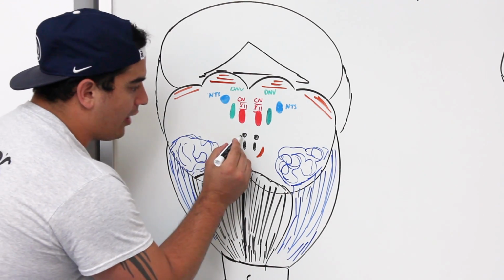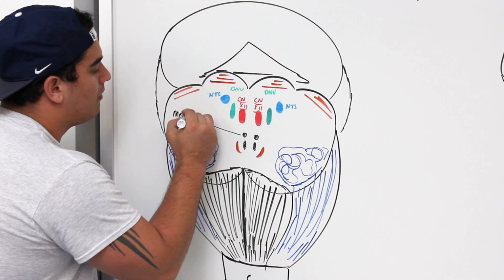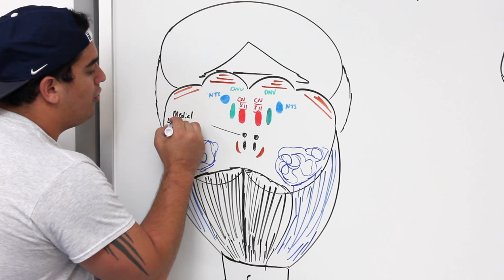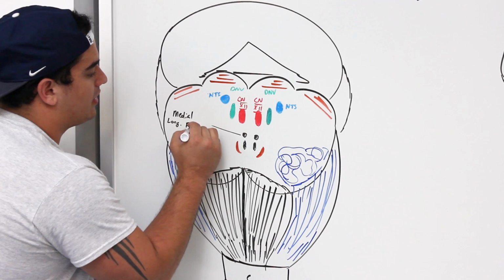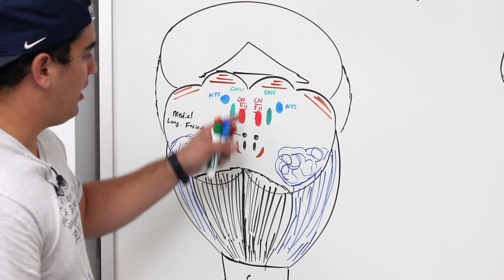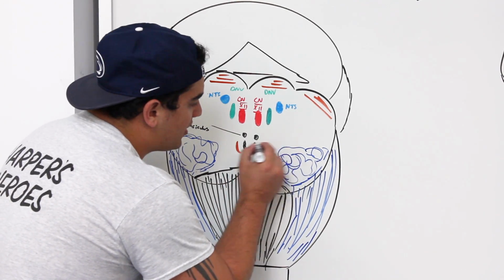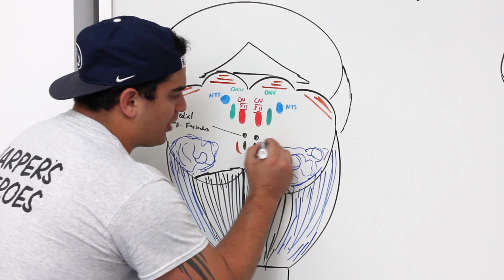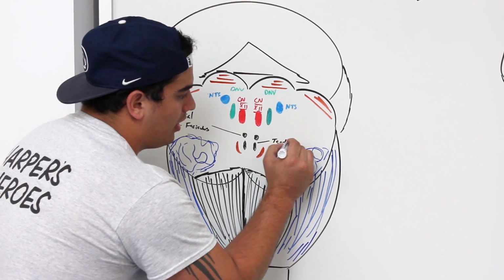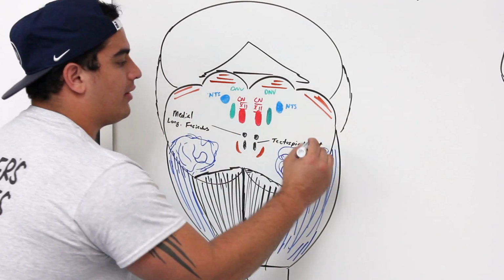But that little structure right there is called the medial longitudinal fasciculus. Okay, so it's pretty cool. It's important for coordinating eye movements between 3, 4, and 6. Then there's this other black structure right next to it that's called the tectospinal tract.